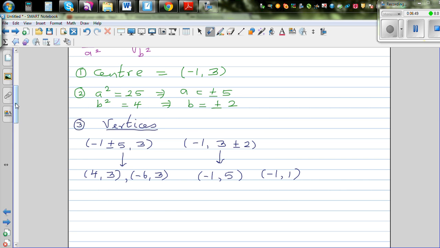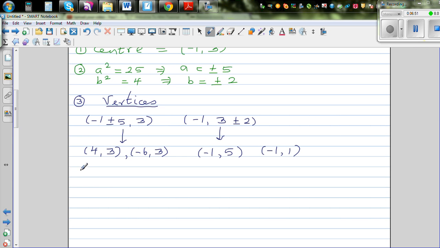Okay, now we need to find out the foci. So c squared is a squared minus b squared. We know a squared is 25, so 25 minus 4 is 21, which implies c is plus or minus square root of 21.